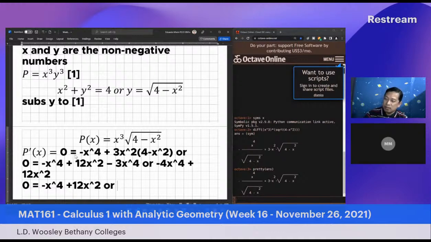Okay, so pagandahin pa natin to, factor out mo. So ano yung mga factors natin, Micaela? Factor out. Gusto kong tanggalin yung ano, so magiging x na lang to. X to the fourth minus 12 x squared, halimbawa. So factor out mo.